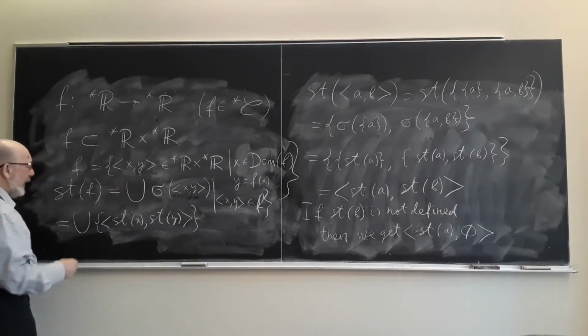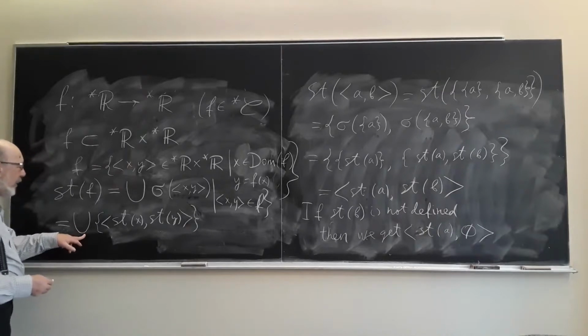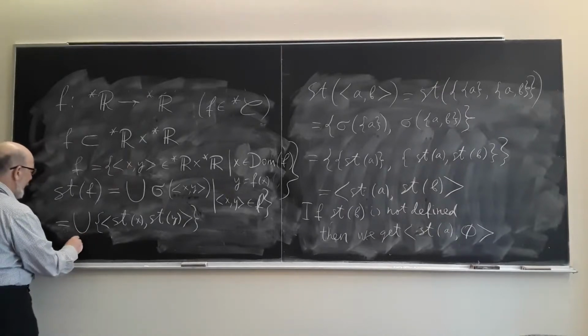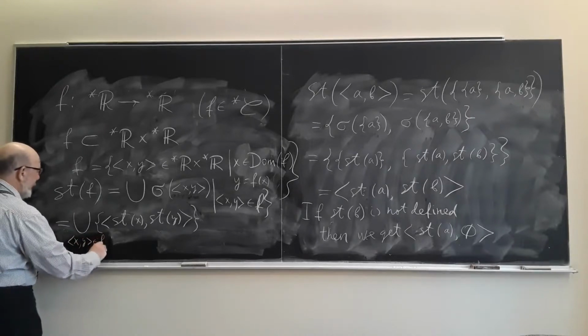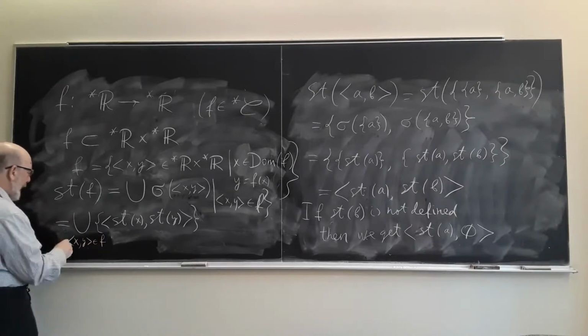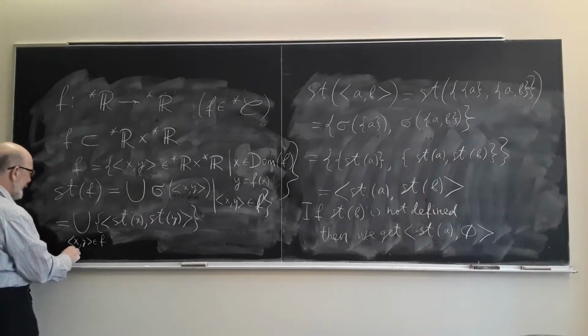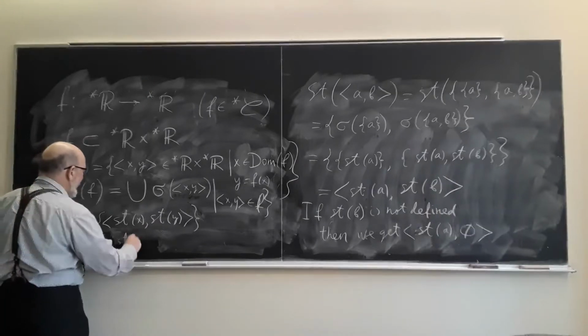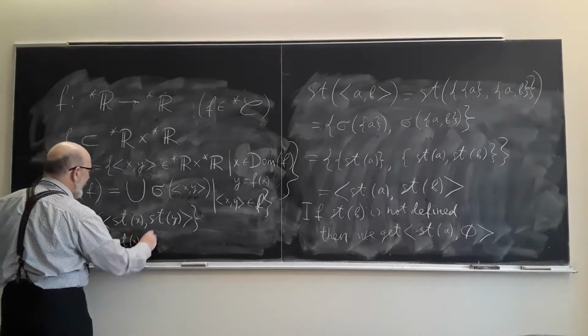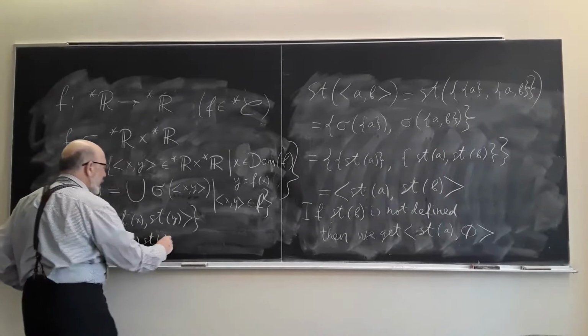It is the union for all (x, y) in F such that standard of x, standard of y do exist.